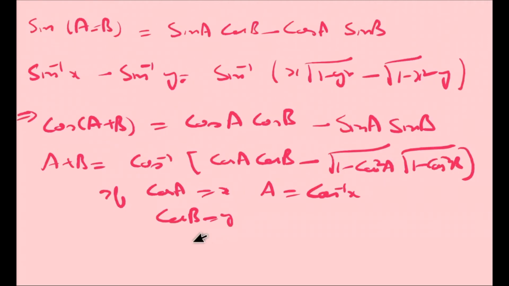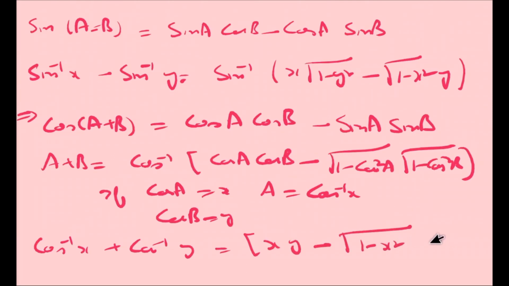So putting here, we can say cos inverse x plus cos inverse y equals cos inverse of (xy minus under root 1 minus x square into under root 1 minus y square). Now if we take minus, then it is plus.